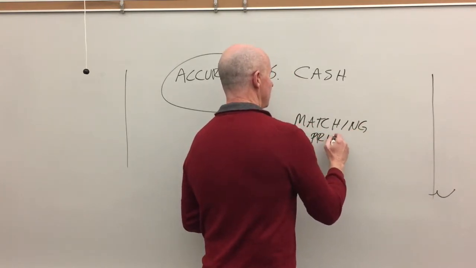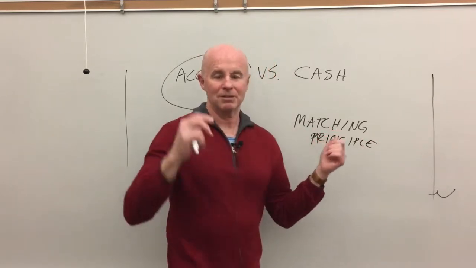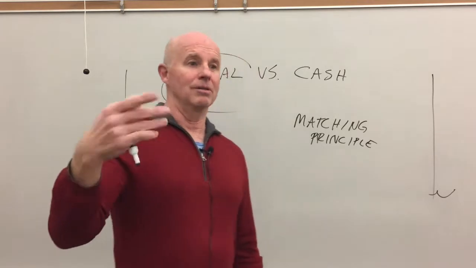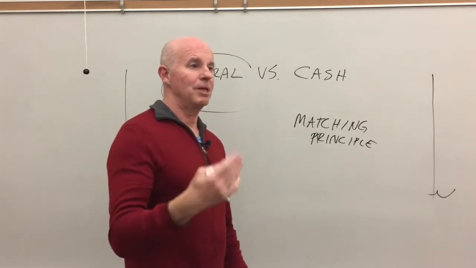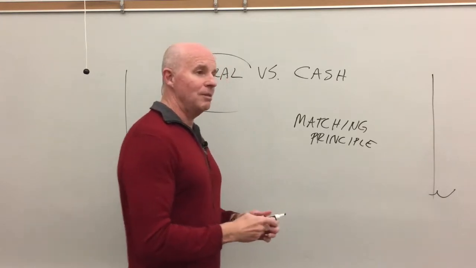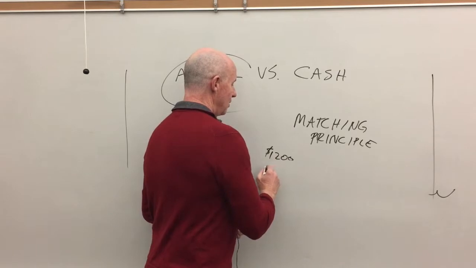And the matching principle is basically so that people on the outside can understand your business, right? Your banker or your investors or the taxing authorities, people that have to understand your business. You can't say, wow, you had a great month this month because you made $1,200 and you had no expenses.